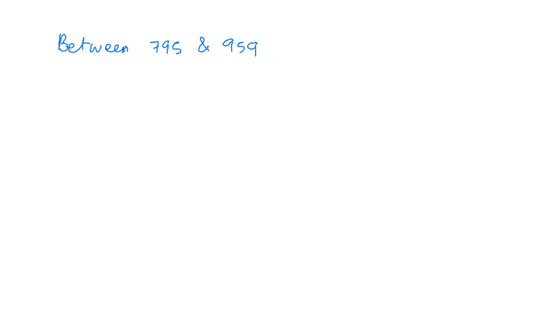We have the mean given, 876, and the standard deviation is 50. So write in symbols the probability of 795 and 959 for your score.